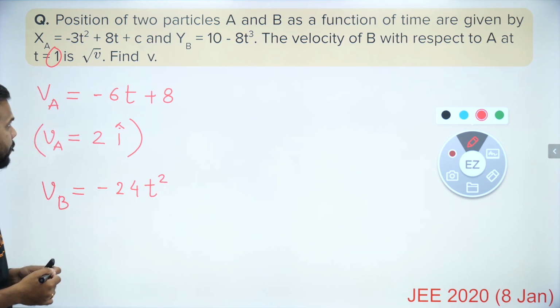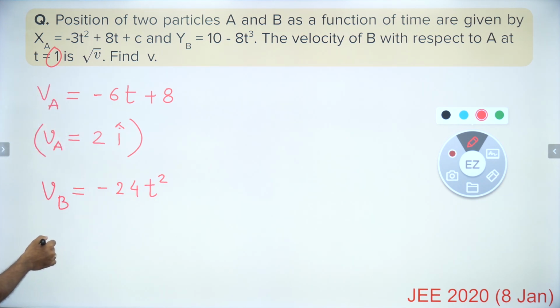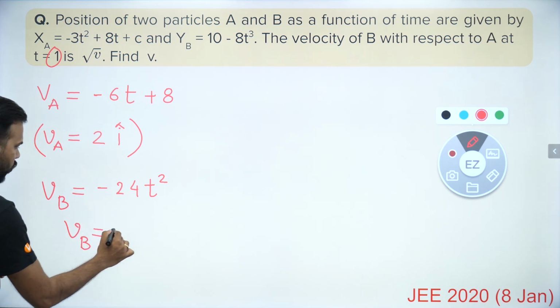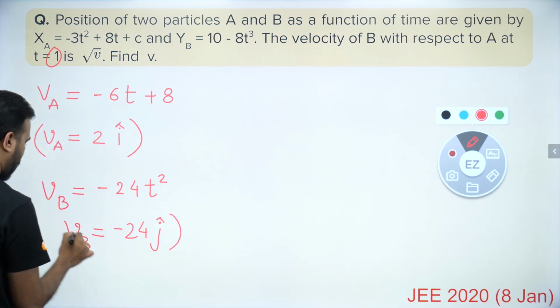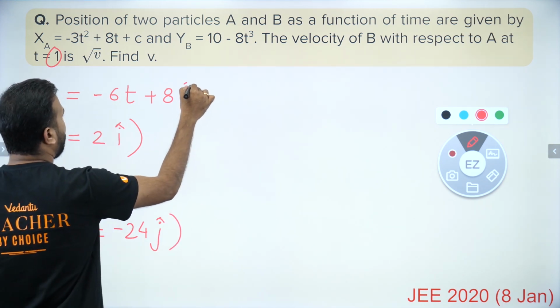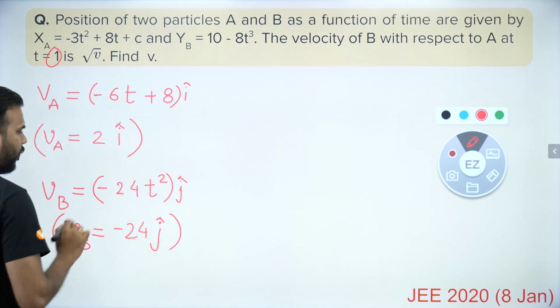Now at t equal to 1, velocity of B comes out to be minus 24 j cap. You can write i cap here itself, and j cap here itself.